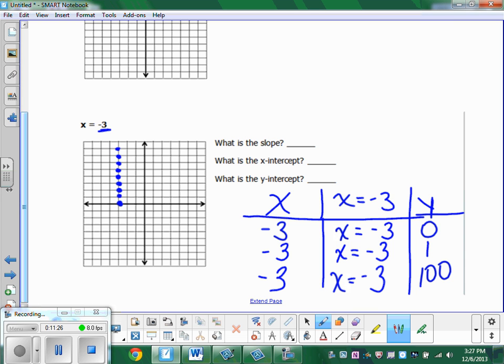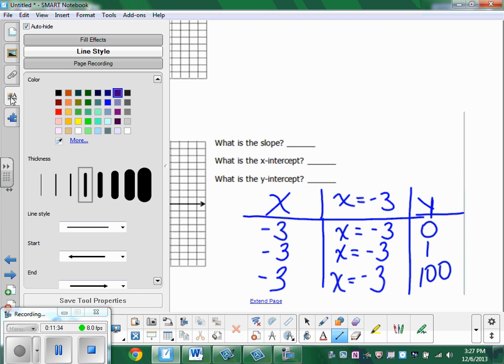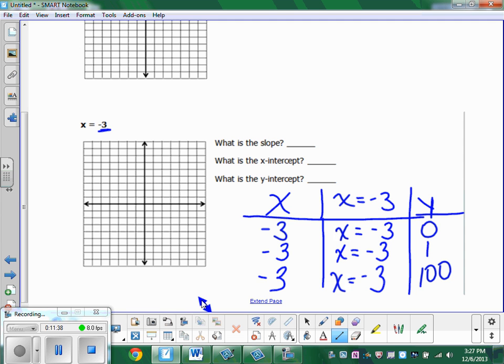Meaning that we have a straight vertical line. And this line will continue to go through every single section where x equals -3.